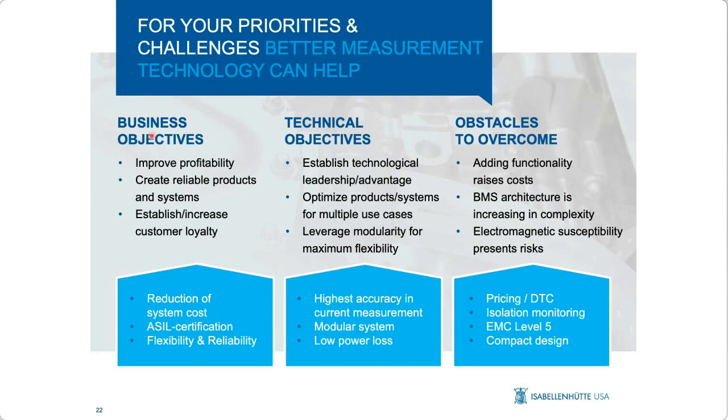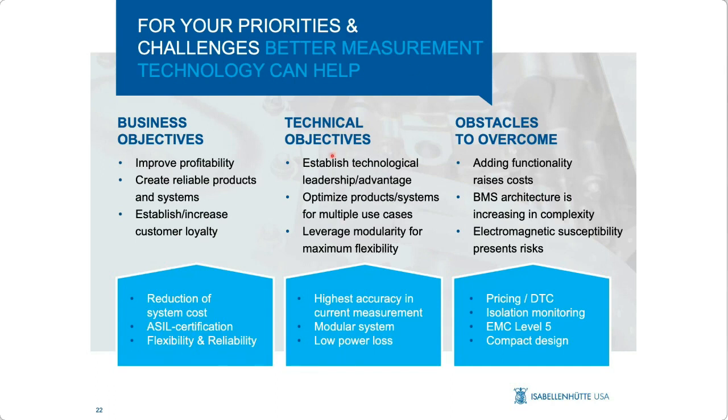With regards to your business objective, it's important for you to improve profitability and create reliable products and systems. You want to reduce system cost, and you want to have ASIL certification of your smart sensor to increase flexibility of the application. You also want to choose a reliable partner.